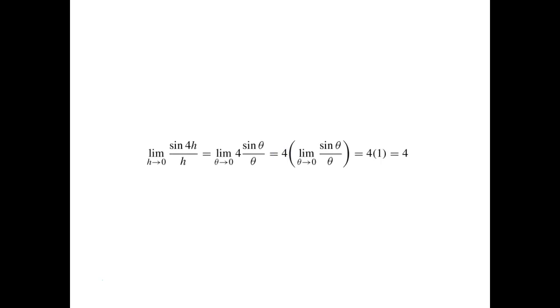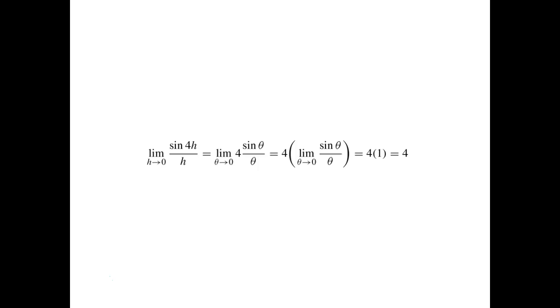We don't have a rule for sine 4x over h, 4h over h as h goes to 0. We do have sine theta over theta. So if we get these two things the same, then we do have a rule for that. So let's multiply the denominator by 4, but then we have to multiply the numerator by 4 as well.